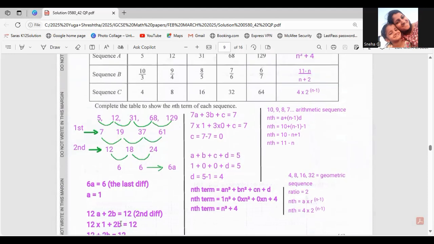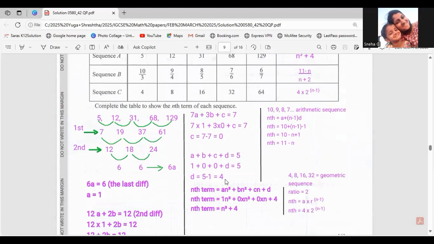Then for the third difference, we use the formula 7a plus 3b plus c is equal to 7. A was 1, B was 0, and now we will work out C. When we calculate for C, the answer comes as 0. Then we use the formula a plus b plus c plus d is equal to the first term of the sequence, which is 5. A was 1, B and C were 0, and D we need to work out.